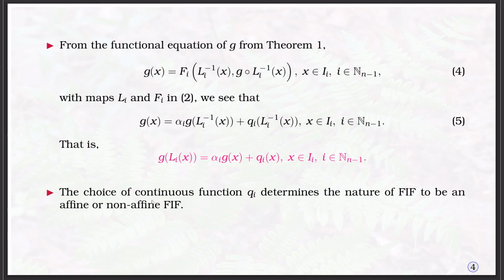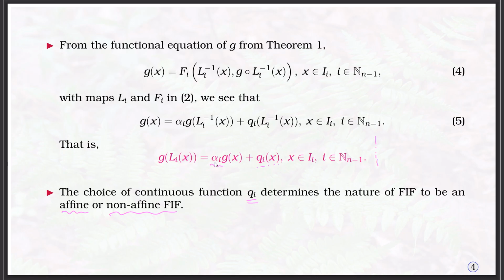Here, the choice of function qi determines the nature of the fractal interpolation to be an affine or non-affine fractal interpolation. As I mentioned, this alpha i controls the curve in the y direction. This qi binds all the data points.